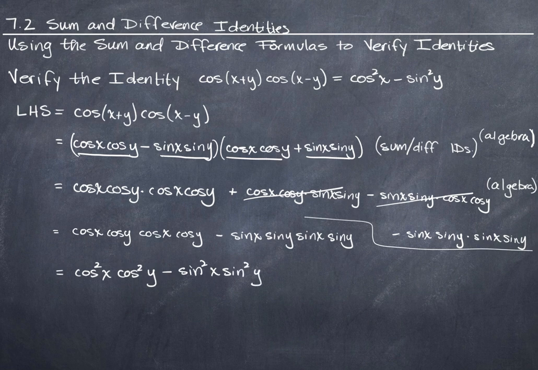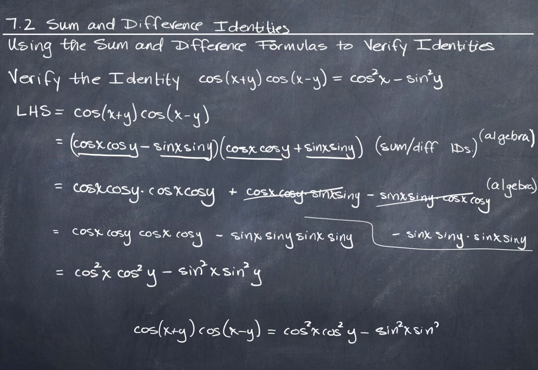Now, it's worth mentioning at this point that we have an identity. It's not the identity that we were asked for, but it would be safe to say that we have shown so far that the cosine of x plus y times the cosine of x minus y equals cosine squared x, cosine squared y, minus sine squared x, sine squared y.